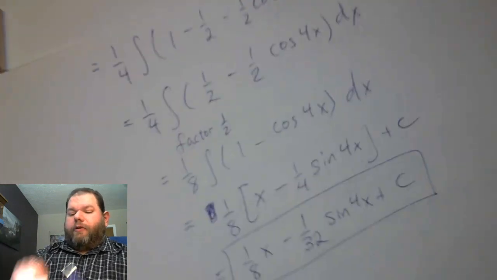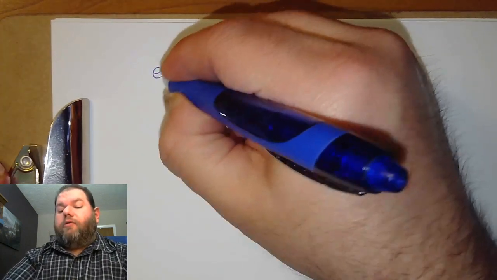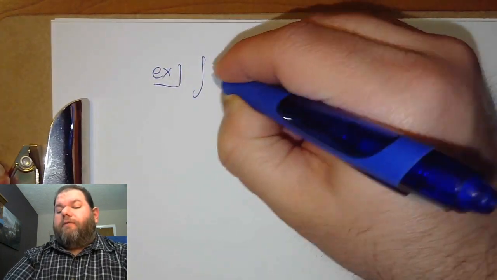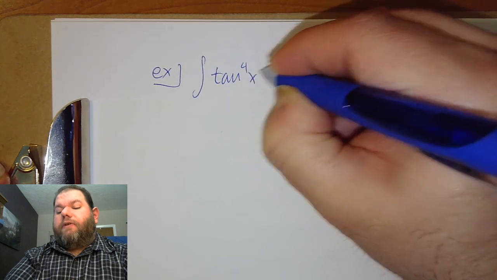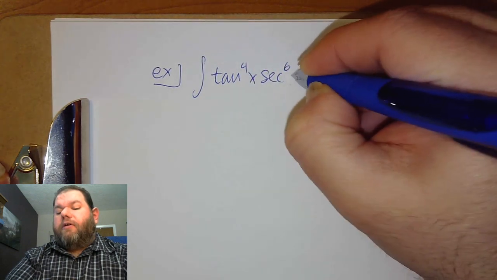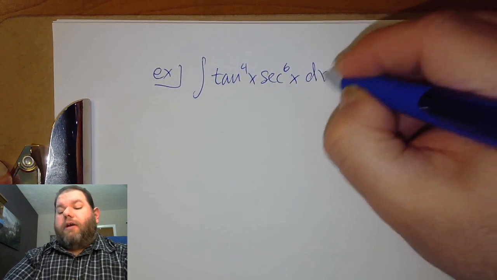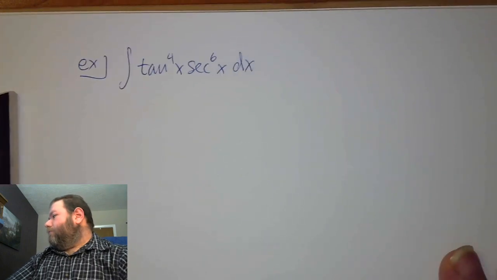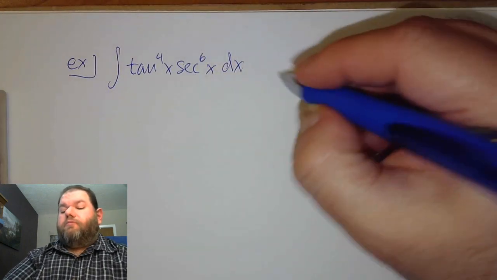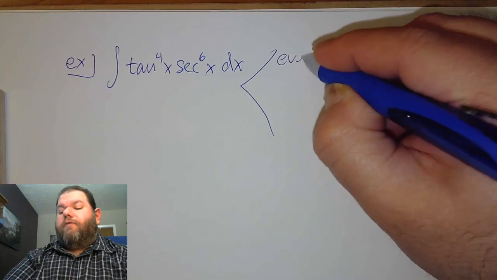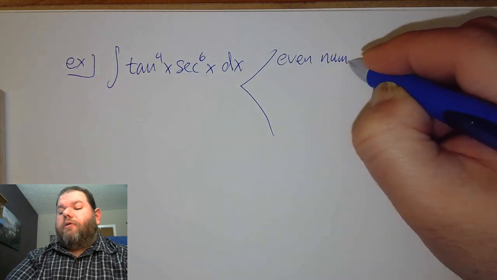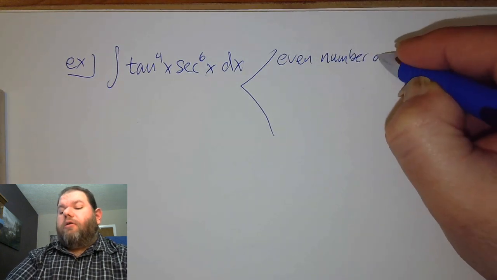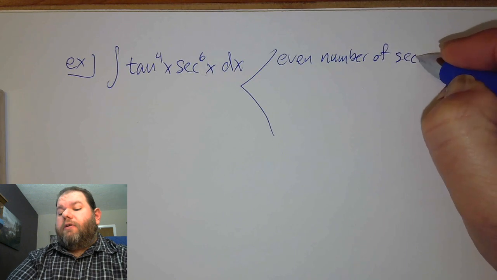All right. Let's work an example for that one. So we have tangent to the fourth of x secant sixth of x dx. So we have an even number of secants.